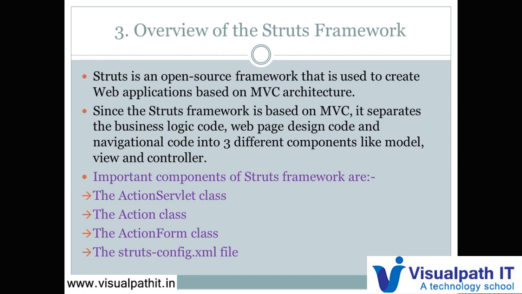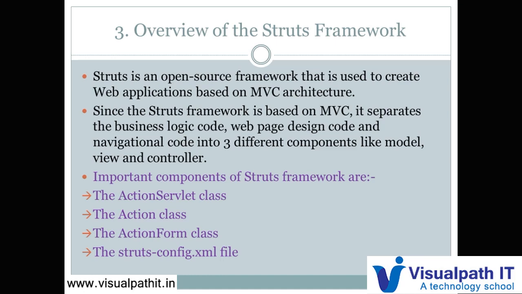What exactly does MVC mean? It separates the business logic code, web page design code, and navigational code into three different components: model, view, and controller. View, as we all know, is the web page design or user interface. Model is where we have the business logic and the navigational code.